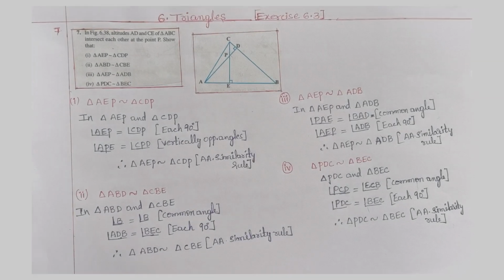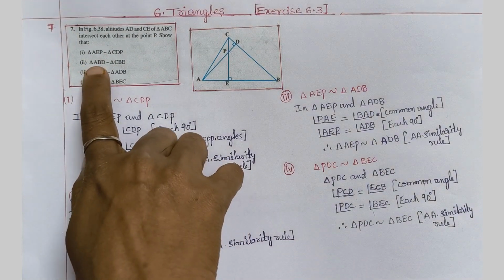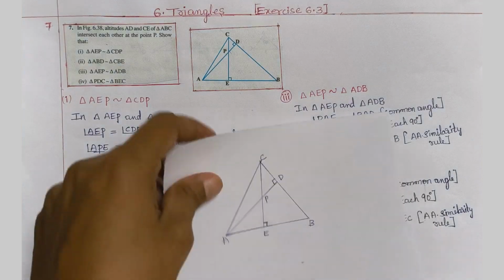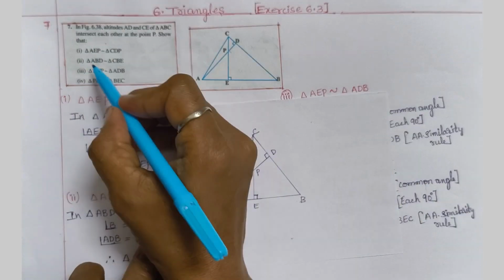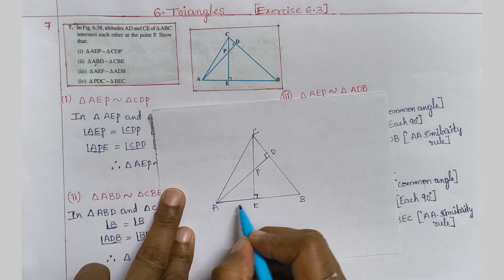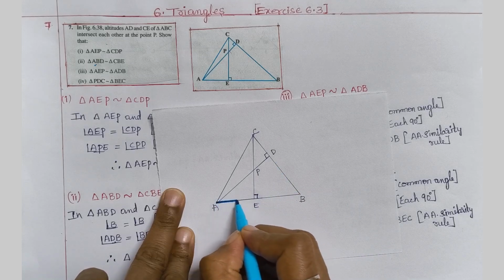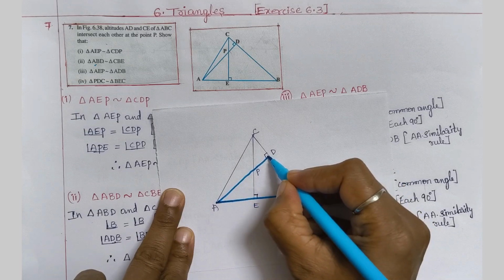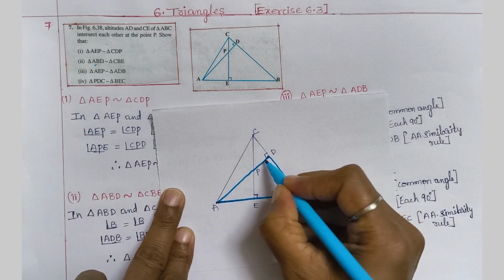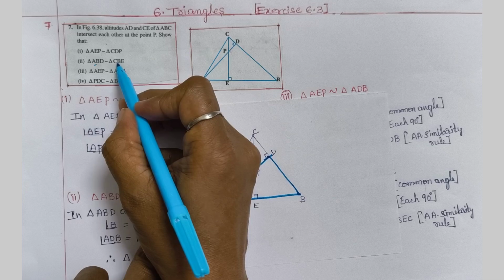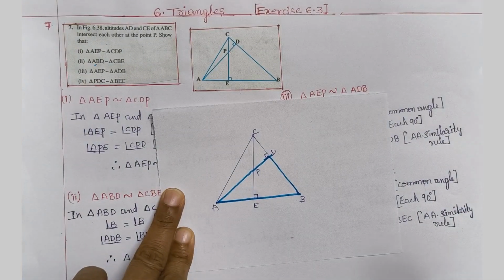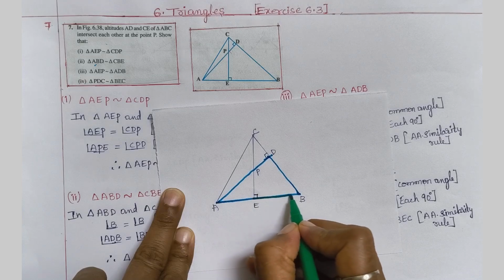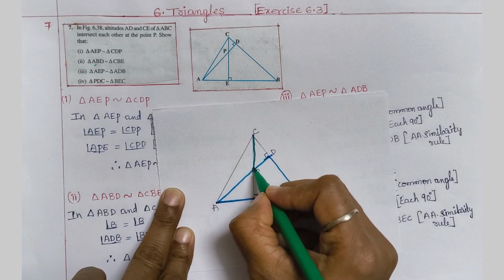Okay, now second question. What is there? Triangle ABD is similar to triangle CBE. See, triangle ABD, this triangle, and triangle CBE, this triangle.